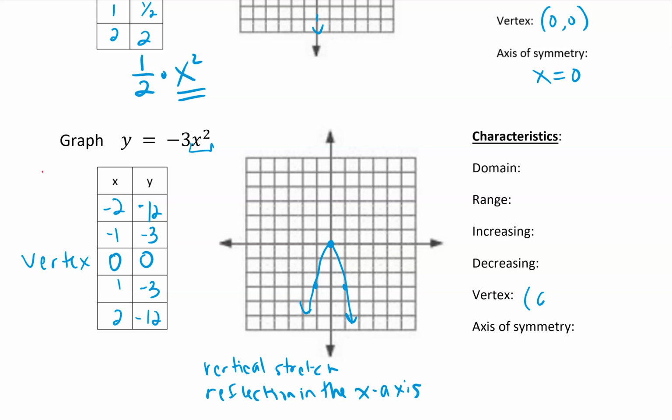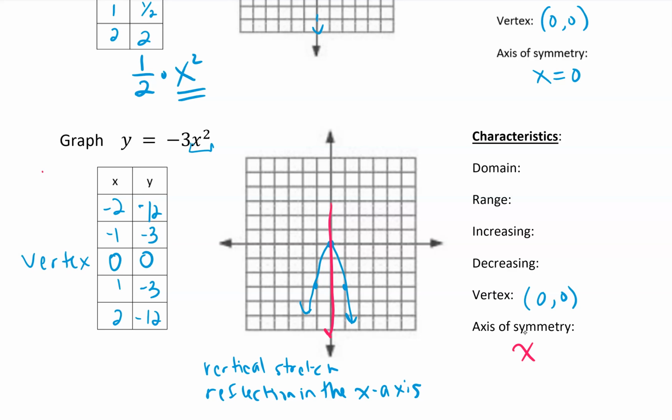Okay, our vertex is at 0, 0. We see again that our axis of symmetry is right here through the middle where x is equal to 0. So x equals 0 is our line of symmetry. I'm having a little trouble with my pen again.